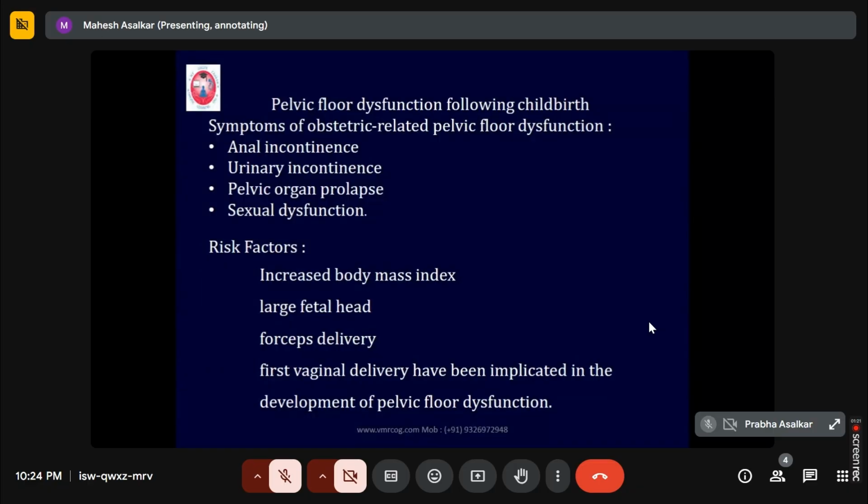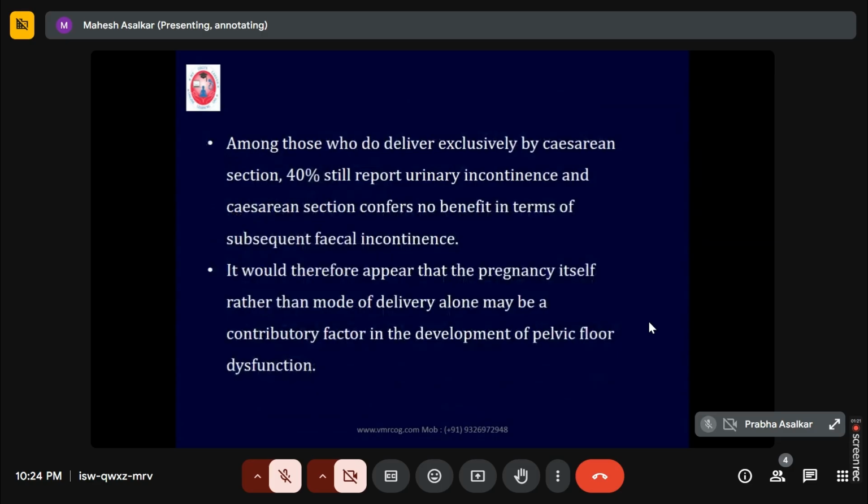So even if all these four factors are given, it has been observed that these injuries are more common in the primaries. Okay, among those who deliver exclusively by cesarean section, 40% still report urinary incontinence, and cesarean section confers no benefit in terms of subsequent fecal incontinence. So even if the patient is delivered by cesarean section, urinary incontinence can develop, and even for fecal incontinence, cesarean section does not have a protective benefit.